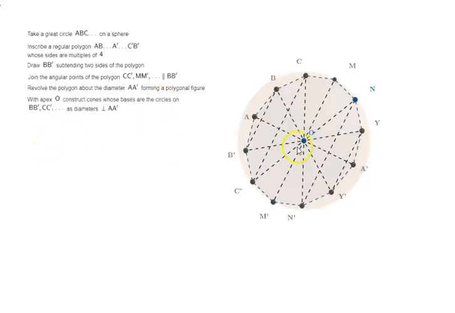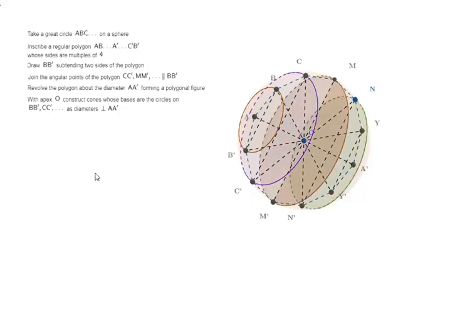With apex O, construct cones whose bases are the circles on B, B prime, C, C prime, and so on as diameters perpendicular to AA prime. So we have these circles formed by the angular points of the polygon when we revolve it. So we have this circle, this circle, and so on.